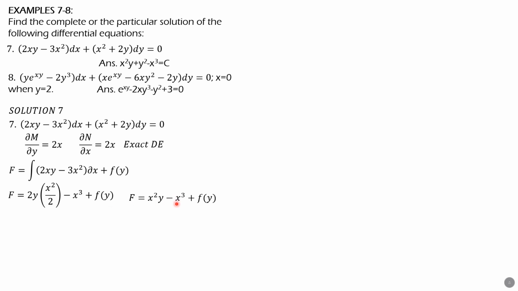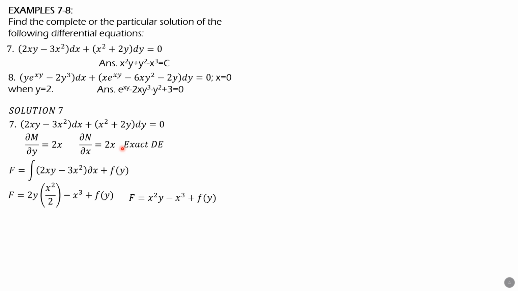So let's find this f of y by the second solution, which is integral of quantity x squared plus 2y partial of y plus g of x. So then in that case, it's y that is the variable, so x squared is constant.